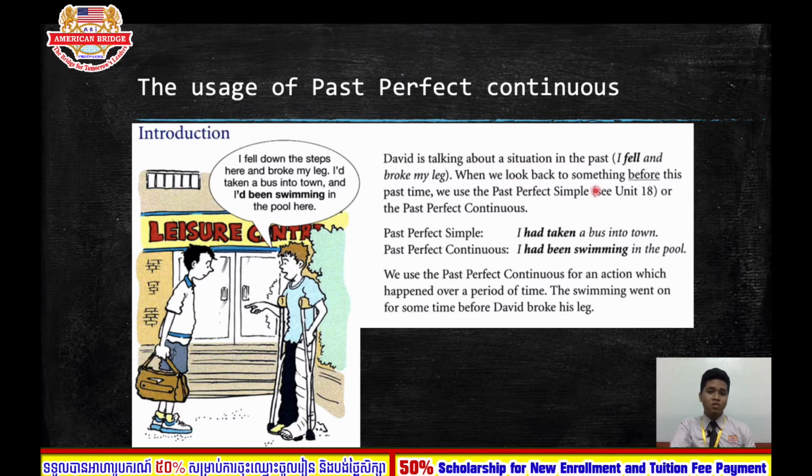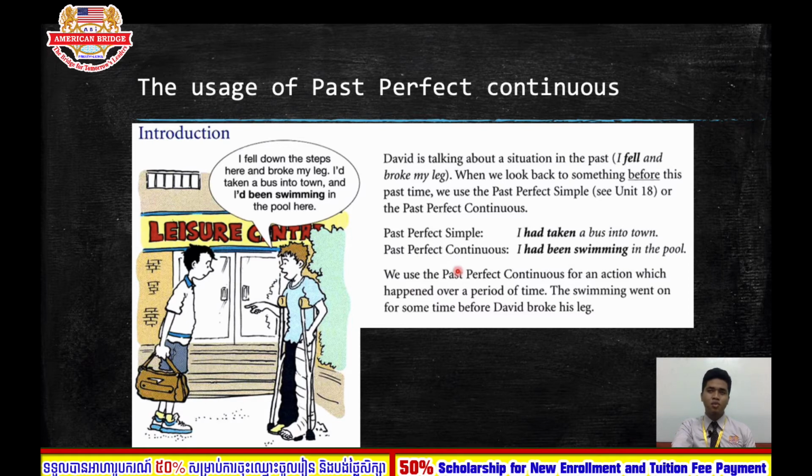When we look back to something before this past time, we use the past perfect simple. Or in some cases, we can use past perfect continuous. So here, I had taken a bus into town and I had been swimming in the pool. But why do we use a past perfect continuous here if we can use past perfect simple? There is a slight difference between choosing past perfect simple and past perfect continuous.